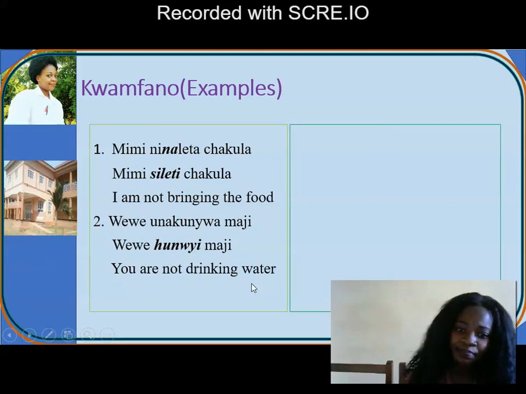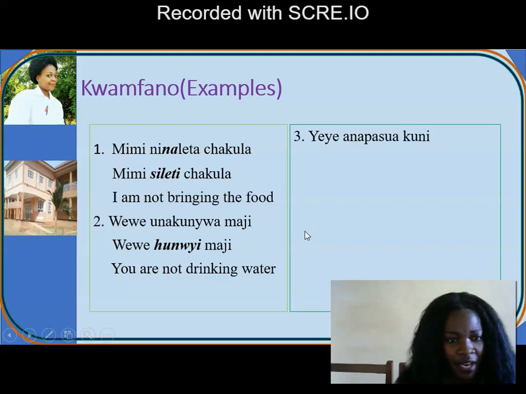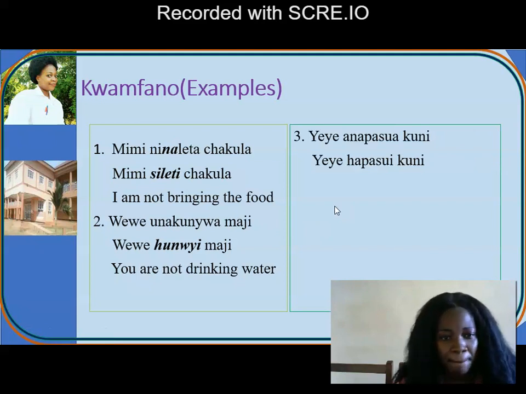Number 3, yeye anapasua kuni. It will be yeye hapasui kuni. Yeye goes with ha, that's why we are putting it there. And the verb, since it is ending with A, the A will change to I and it becomes pasui.